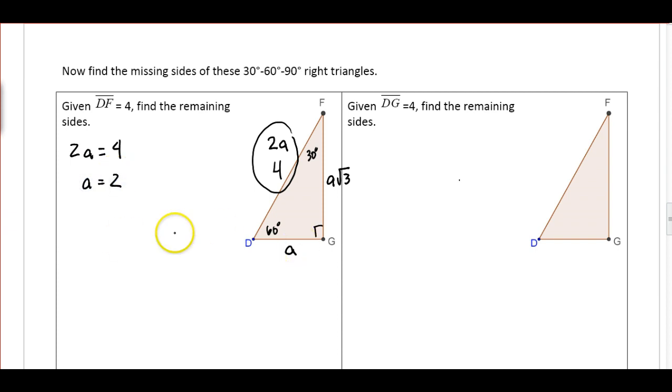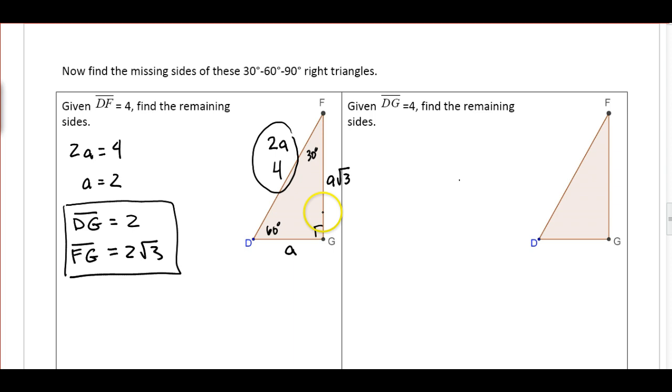Okay, so that means that DG, which is the shorter leg, is going to be 2, and FG, the longer leg, is going to be 2 root 3. Once I figure out what a is, I can just substitute it back in everywhere I need to. And then when you're labeling the remaining sides, it's always a good idea to use the segment names to name those.